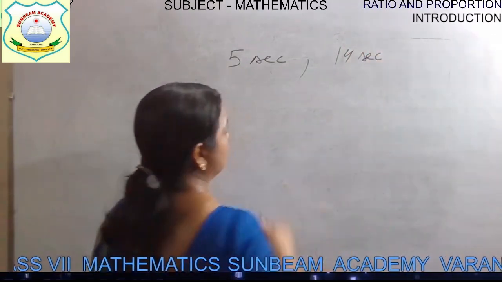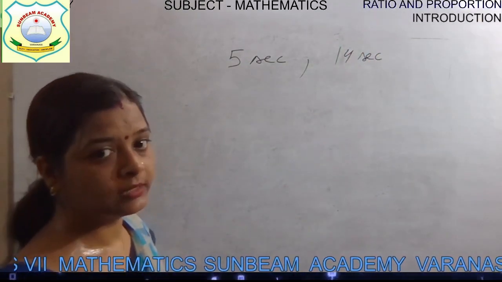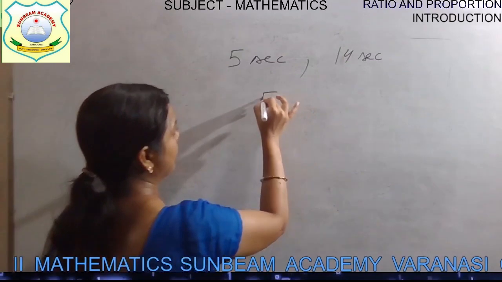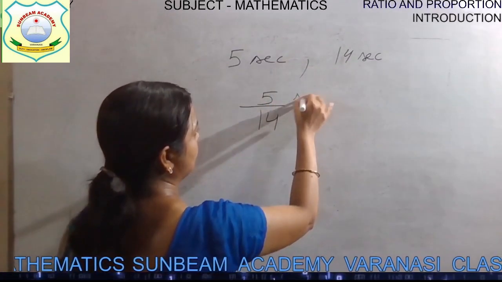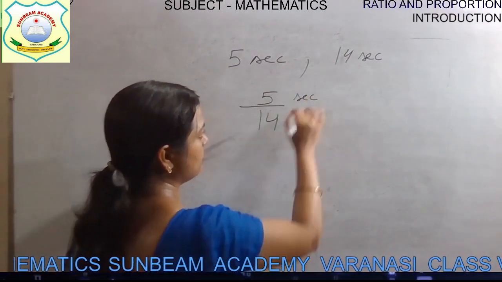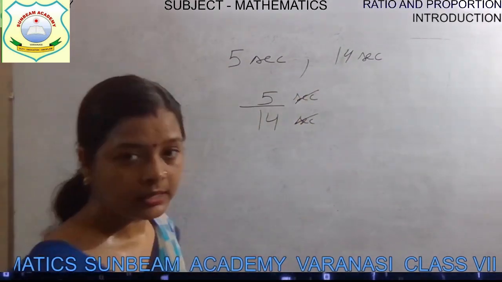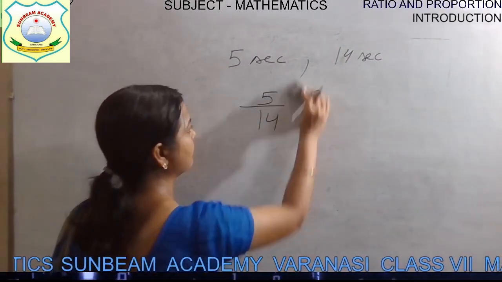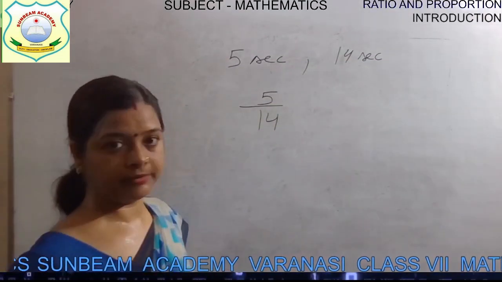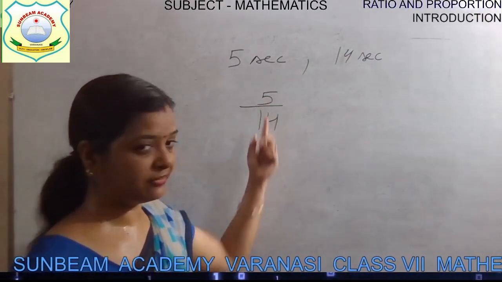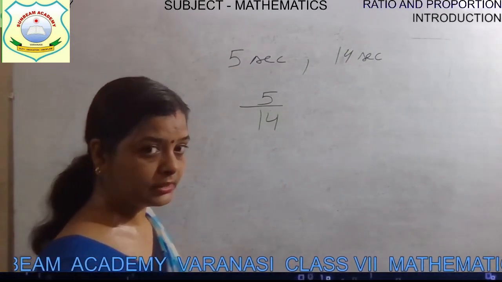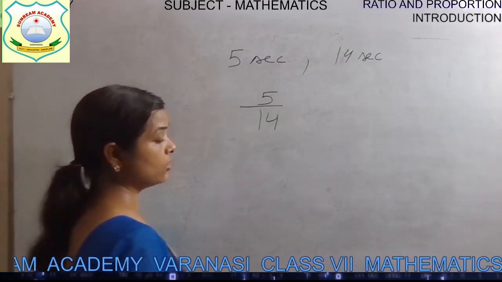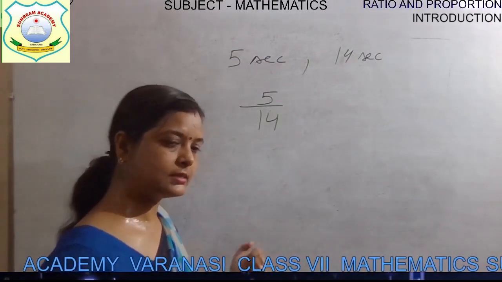Can we find the ratio of it? Yes. It is 5:14. The seconds and seconds are the same quantity, so they get cancelled out. That's why in a ratio we never write the units. The numbers will be written in this form only, because the units are the same and cancel out.